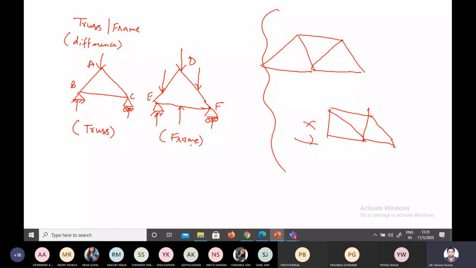Now comes to the next part, analysis of truss. So I will dictate some definitions here because that is very important from a theory point of view. So before doing that, I am just going to explain one more thing, analysis of truss. For the analysis of truss, we have three methods.